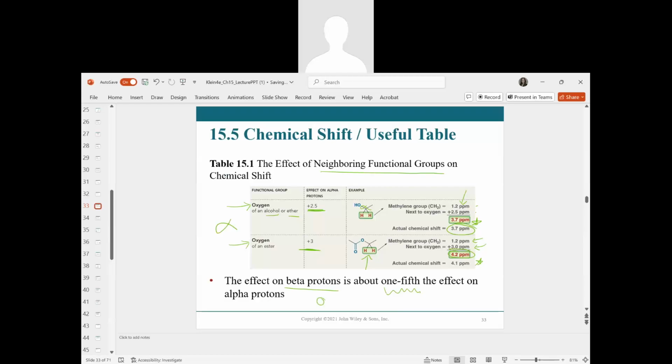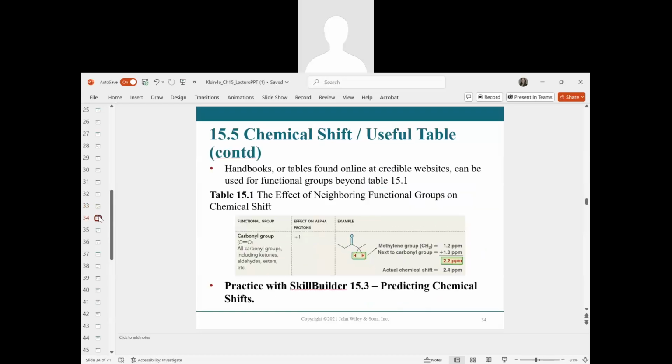So what is that? About 0.5 for our first scenario, the oxygen of an OH or an ether, and then 3 divided by 5 is about 0.6 for an ester. Beta proton specifically. So don't forget to add these values to your beta protons if you need to calculate the approximate chemical shift for those.